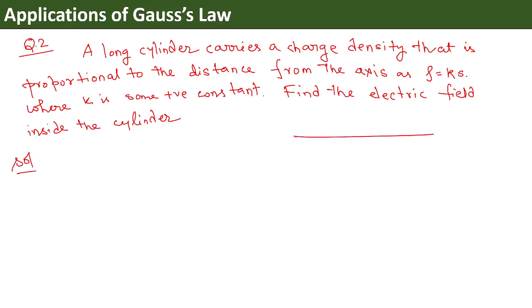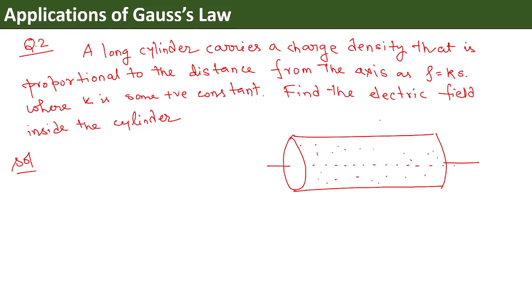The situation is you have got a long cylinder which has a charge distribution. So this is the axis of the cylinder, and this has a charge distribution. Somewhere it is completely distributed. It's a volume charge distribution. Now you have to consider a Gaussian surface inside. Why? Because you are asked to find the electric field inside the cylinder.